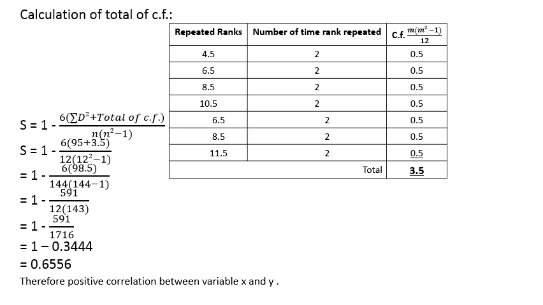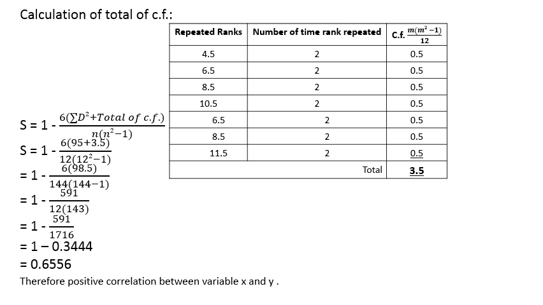That is 1 minus 6 into 98.5 divided by 12 into 144 minus 1. That is 1 minus 591 divided by 12 into 143, which is 1 minus 591 divided by 1716. So 1 minus 0.3444 is equal to 0.6556.